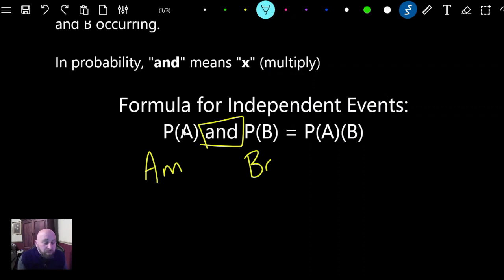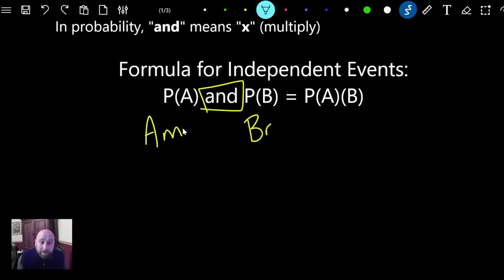So what's the probability of Amanda landing on heads? Well, remember, there's one possible outcome that's good, heads, and there are two total outcomes. It could be heads or tails, but we only want heads. Remember, we're multiplying. So what are the chances that Brian lands on heads? Again, one possible outcome, heads, over two total outcomes, heads or tails.